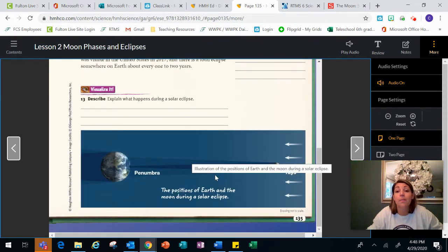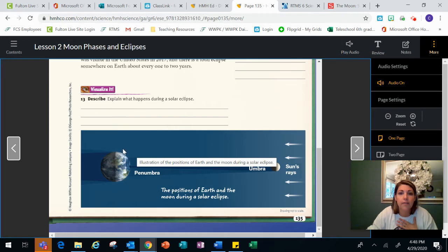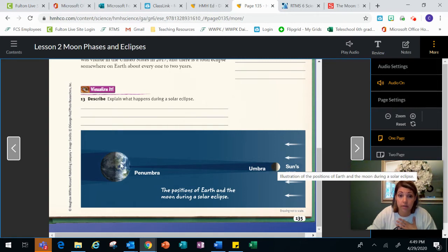So a solar eclipse happens when there's a new moon, or that's just how I remember it, because if our sun's over here, sun's rays, moon, Earth. So from the Earth, if the sun's over here, the side that I'm going to see is going to be dark, new moon.